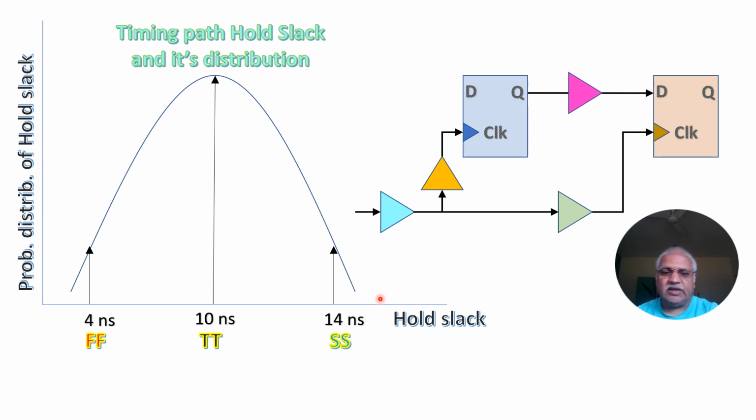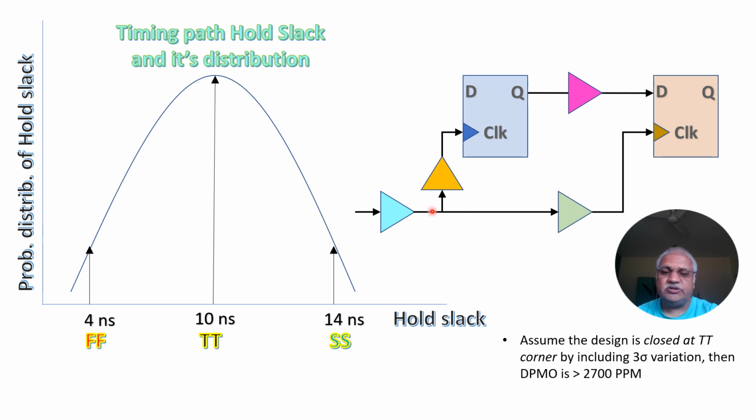In a soft design there are multiple of these variations. One instance will have more drive strength, in another timing path it will have smaller drive strength, and it will have a different VT. Different possibilities exist.